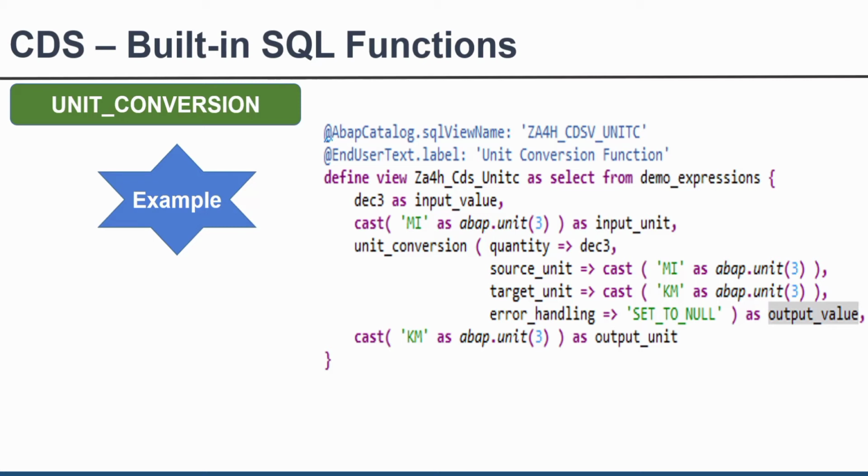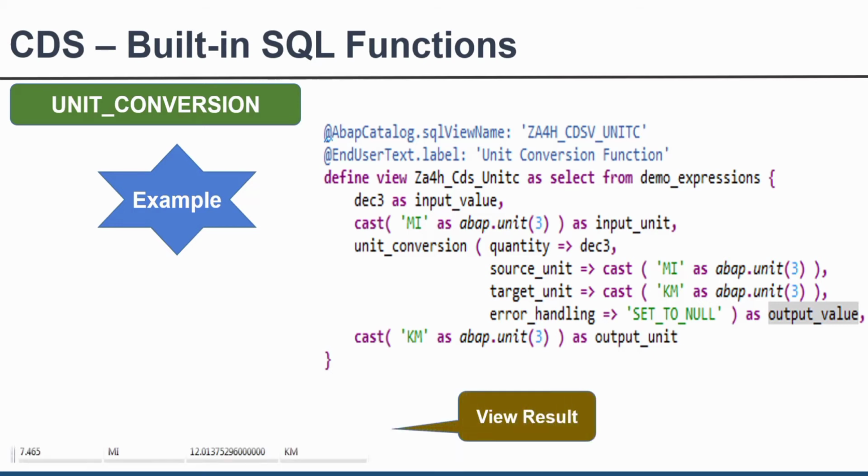So cast is converting a particular string or value to another unit. In this case, the literal km is being converted into an ABAP unit, and the output can be seen below.